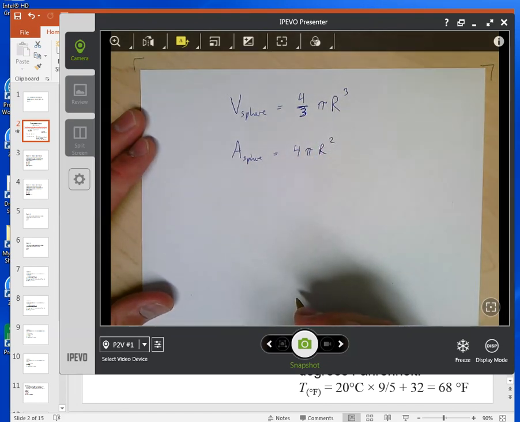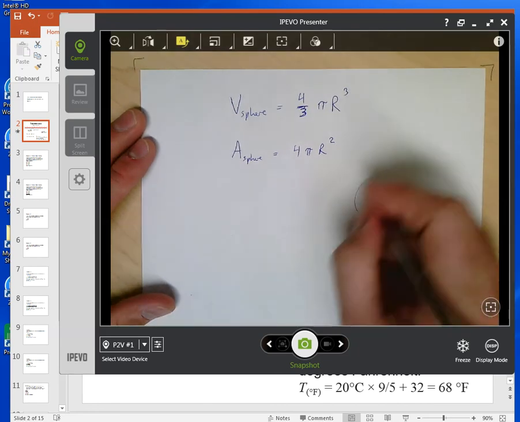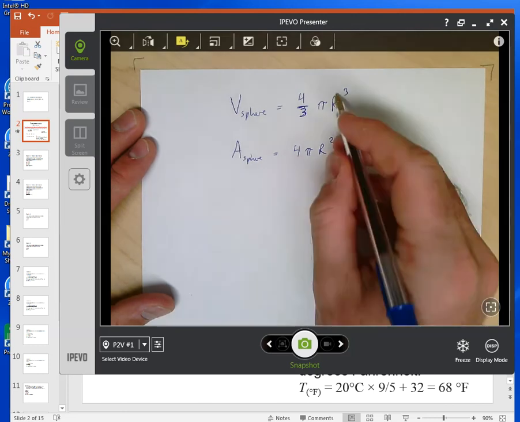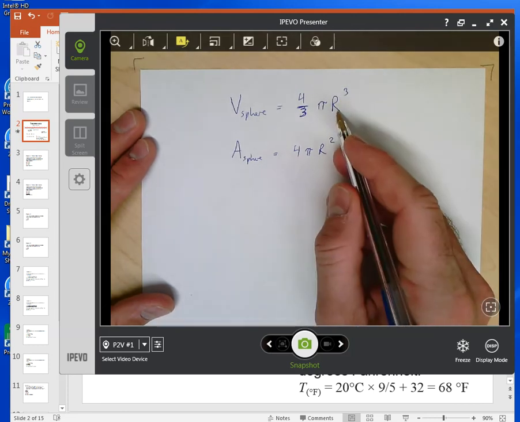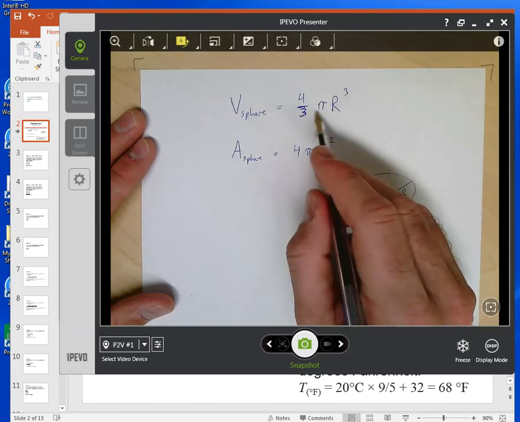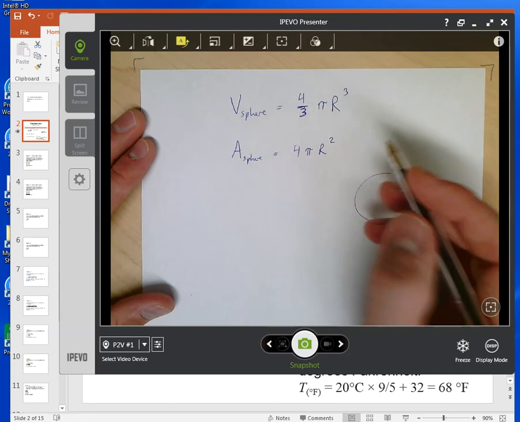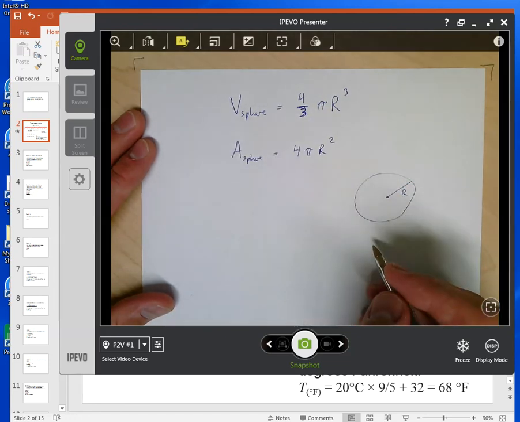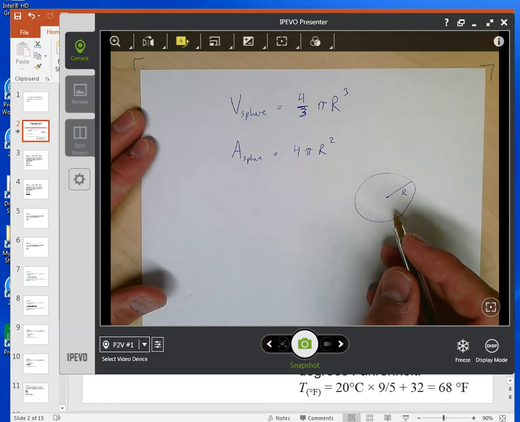So, anyway, you just take the radius of a sphere here, so this is a sphere, you just take its radius, cube it, meaning multiply by itself 3 times, and then multiply by 4 times pi, which is approximately 3.14, divided by 3, and you'll get the volume of the sphere in, for example, meters cubed.